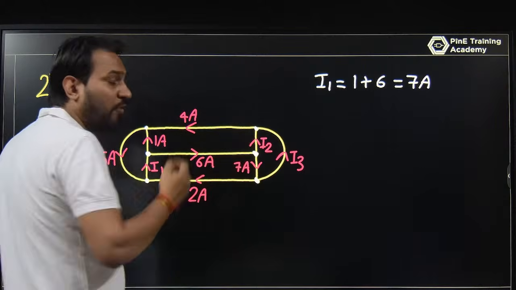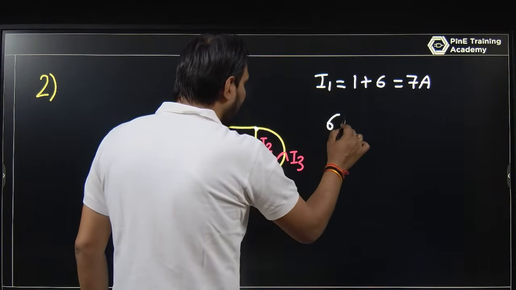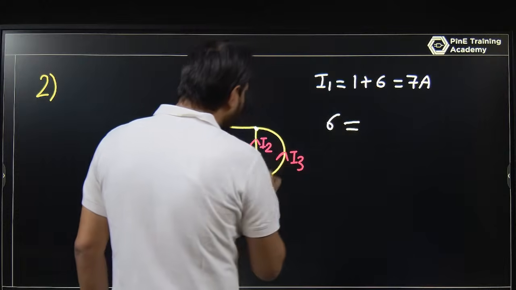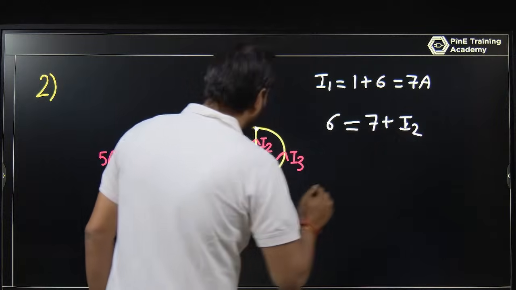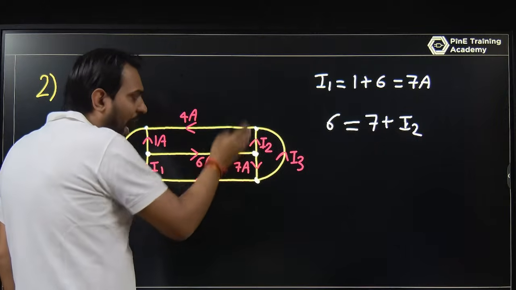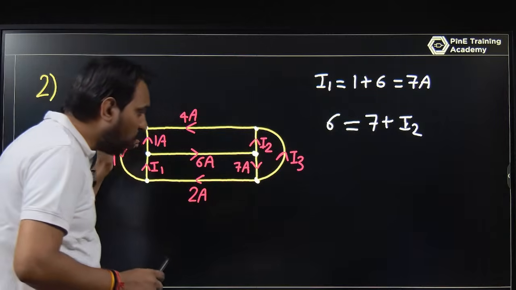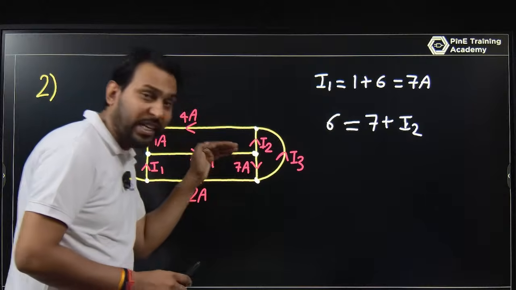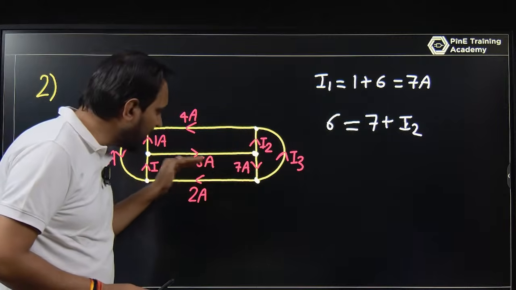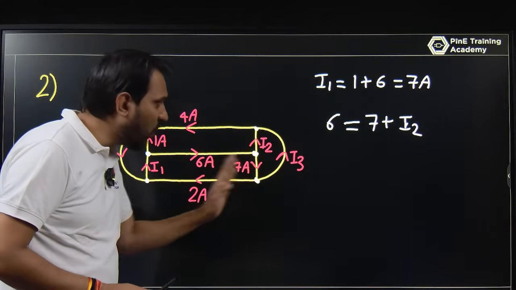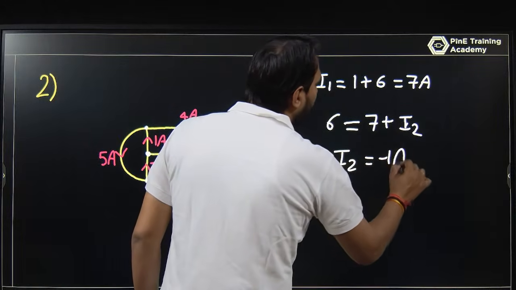At this node 6 ampere is entering, I2 is leaving and 7 ampere is leaving. You understand the meaning of entering: current towards the node is entering, and away from the node it is leaving. So 6 ampere is entering, leaving is I2 and 7. So what is I2? I2 is minus 1 ampere.